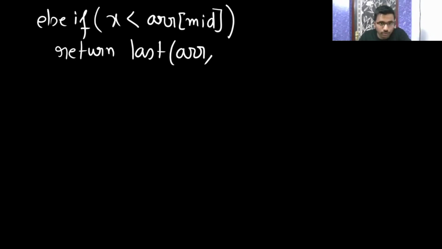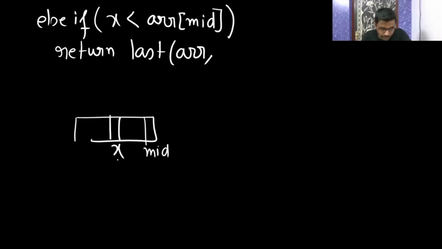You are saying low. See, if your element x is smaller than mid, you got somewhere mid here, that element is greater. So you are going to check left.